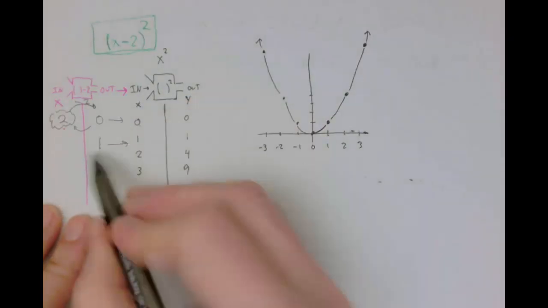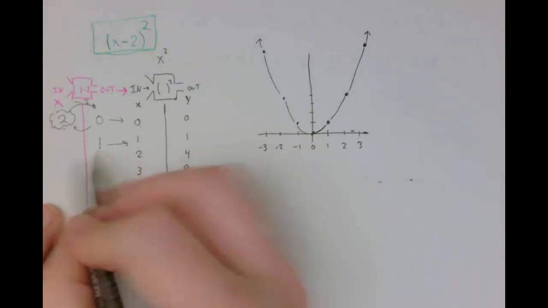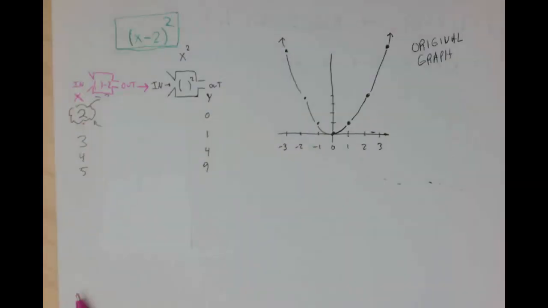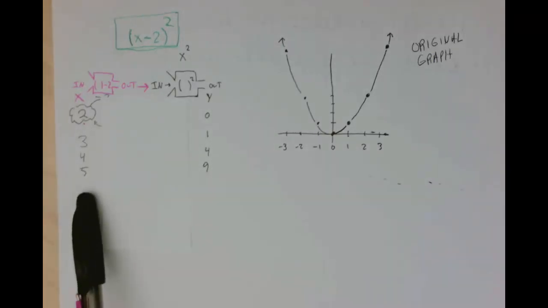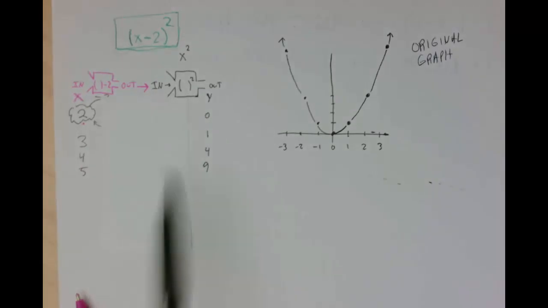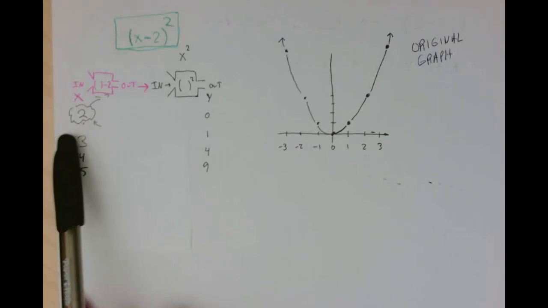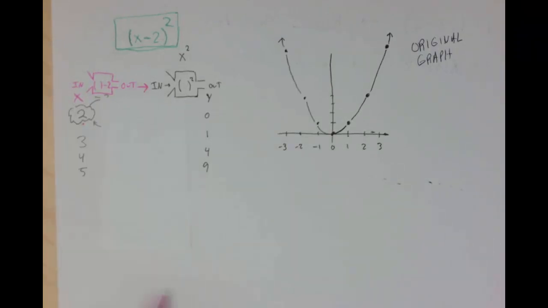I know that this maps to 1, so what value could I put here that would give me 1? And the answer is 3. So if this is the original graph, the new graph has a new set of input x values that map to the same old set of output y values. And by thinking about solving backwards for which inputs will map to the old inputs, that gives us the transformation.